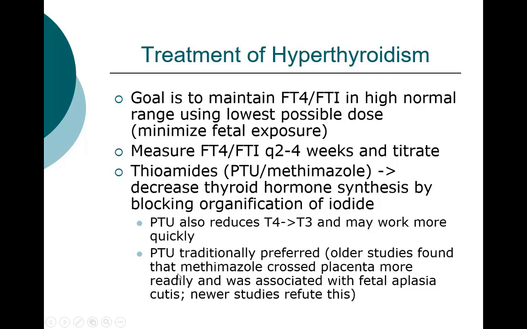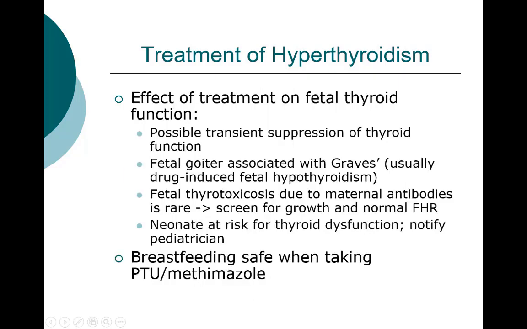Older studies found that methimazole crossed placenta more readily and was associated with fetal aplasia cutis. New studies refute this. Therefore PTU is more preferred than methimazole because methimazole affects the baby.